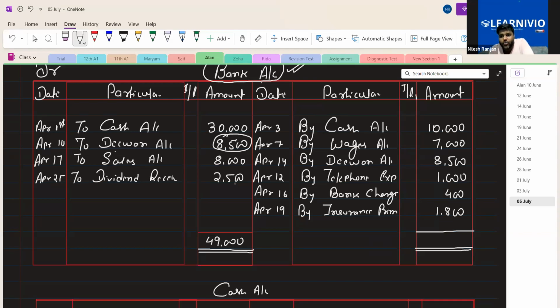On the credit side, it is only 28,700. So the higher total is written on both sides. Now the difference, we have to calculate: 49,000 minus 28,700. So it will be 20,300. The balance.